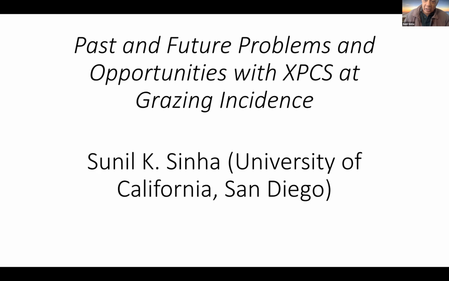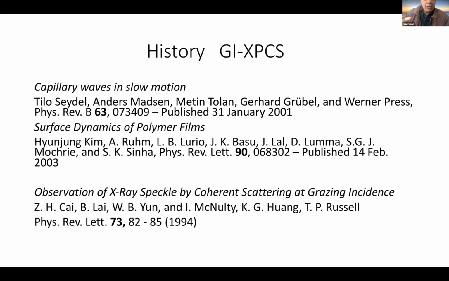And they did this 2 years before us, they published 2 years exactly before we published our work from APS. Our work was concerned with polymers and polymer films and liquid polymer films.